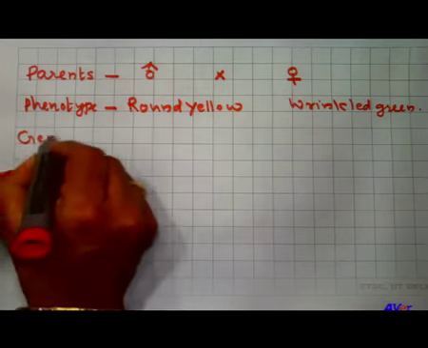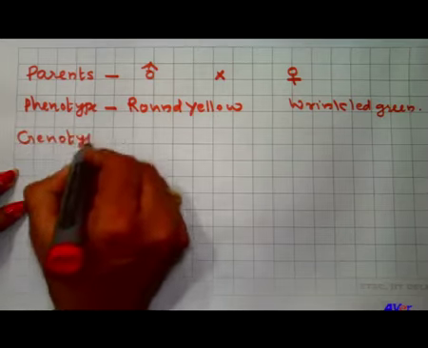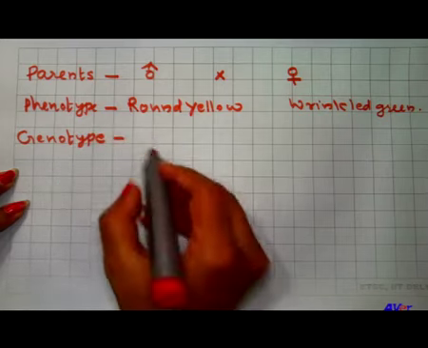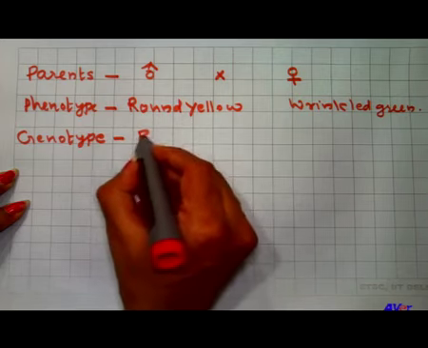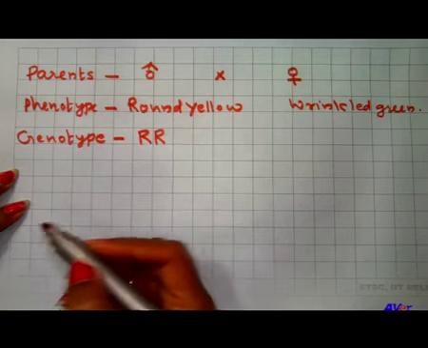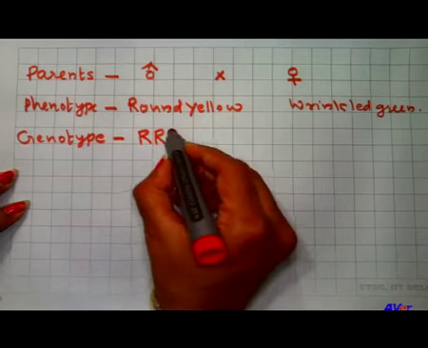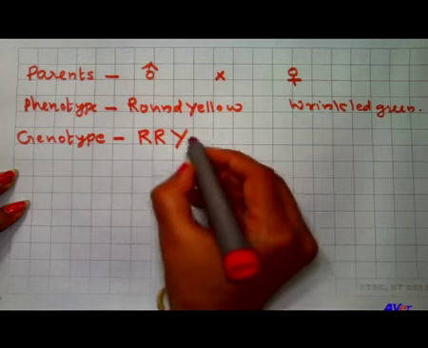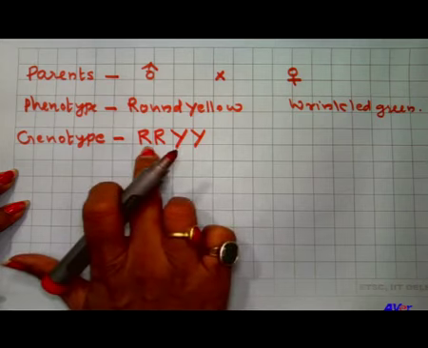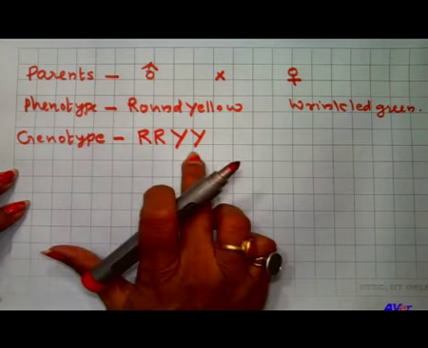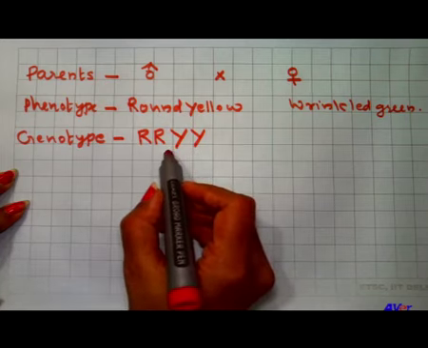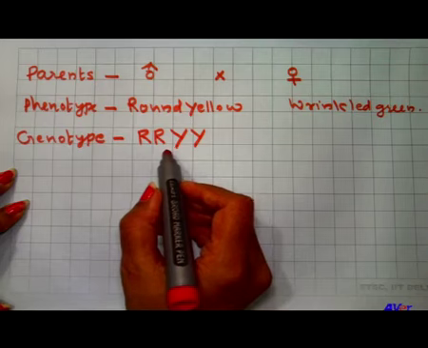Now, in the next step, we have to write the genotype of the parents. For round we will use the letter R, capital R, and for yellow we will use capital Y, capital Y. Here it is homozygous for both pairs of alleles, because it is a true breeding or pure breeding plant.